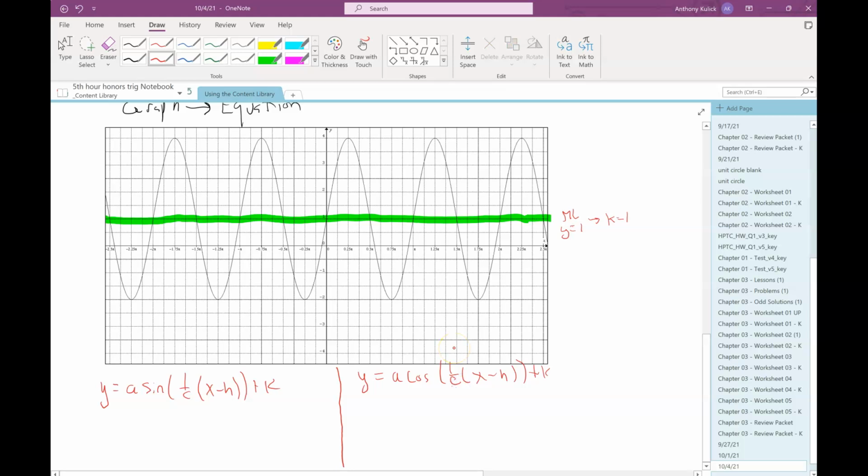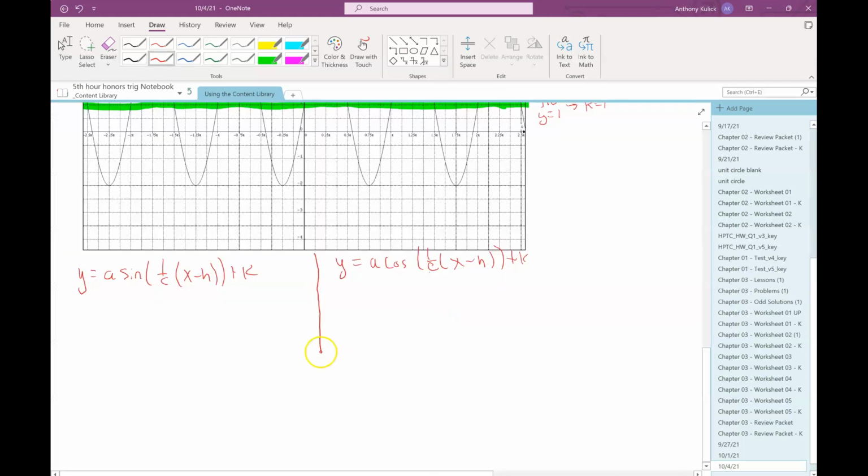But I'm going to make a little space for each of them. So I'll do all my work for the sine part on one side and all the work for the cosine on the other part. Right away, the k value that we just found is the same for either sine or cosine. So that's nice. That's already squared away.